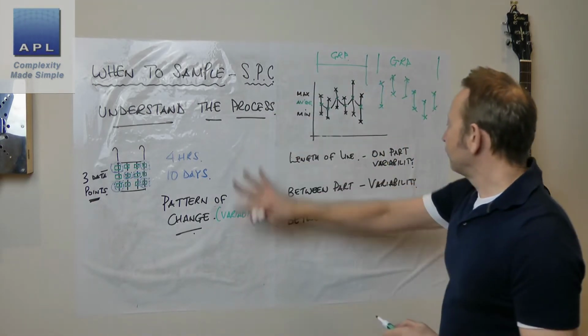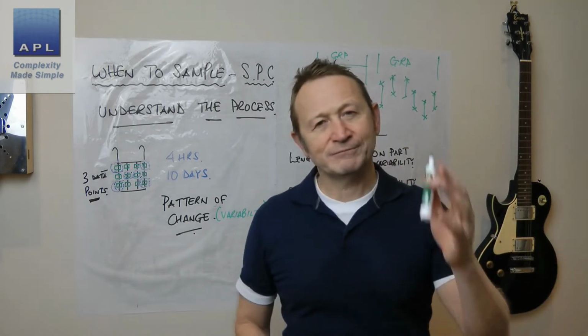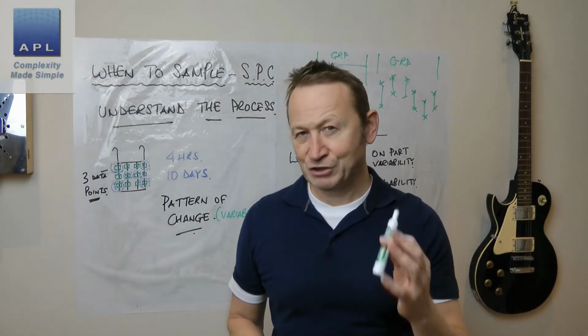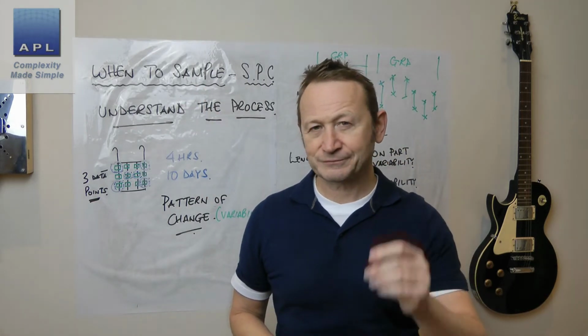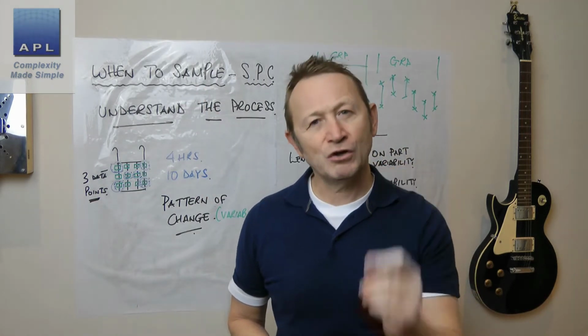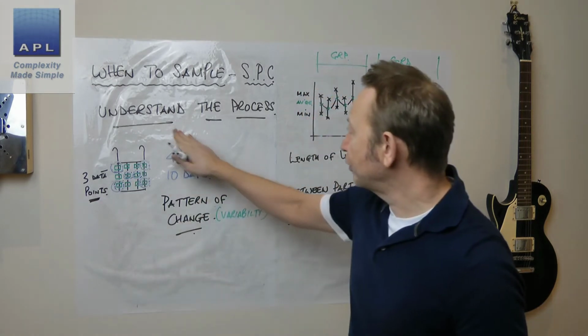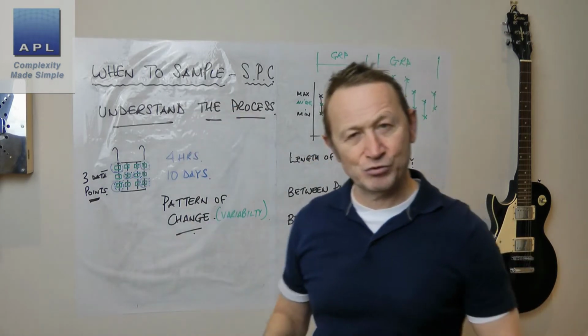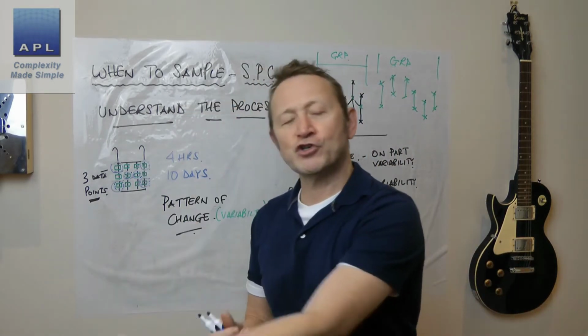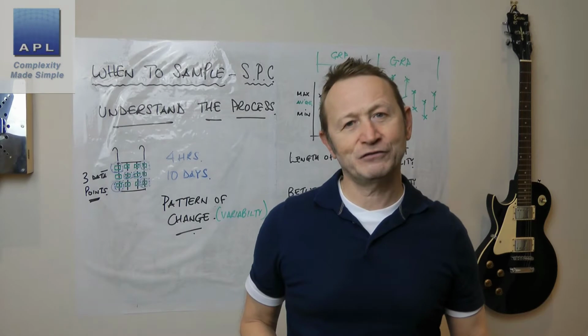Now, why is all of this important? Because that is how you decide how often to sample. So you're looking for a pattern of change, you're looking for process understanding, and then you set your sampling routine to sort of control that pattern of change.